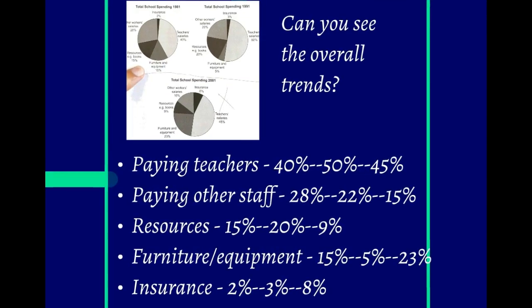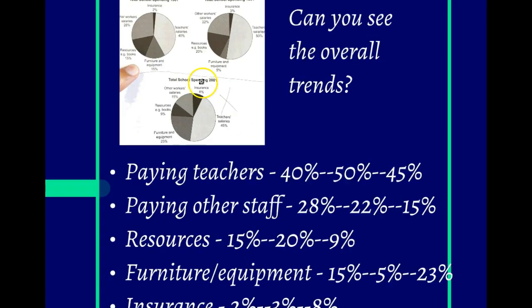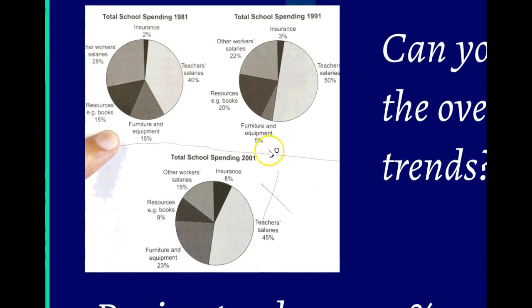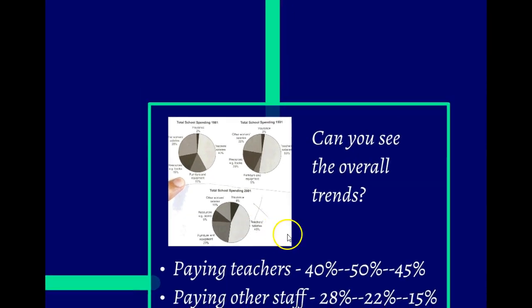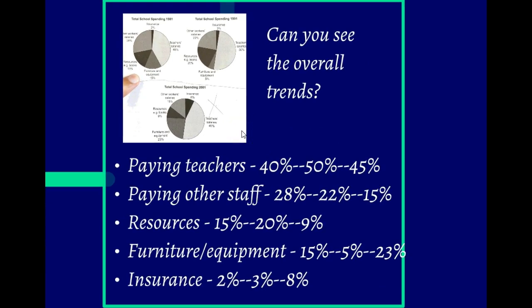So, can you see the overall trends? I know the picture's a bit smaller here. Just have a look at it again. Follow from 1981 to 91 to 2001. What have you noticed? Can you see that paying teachers went from 40 to 50 and then back to 45%?